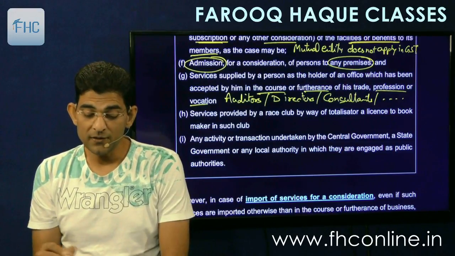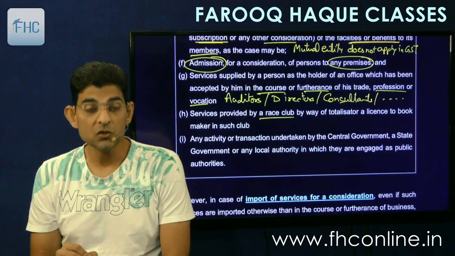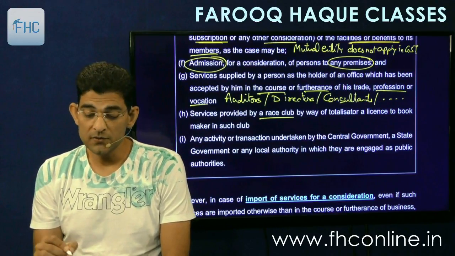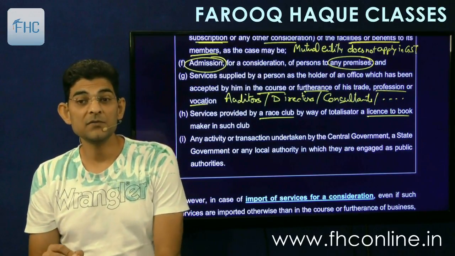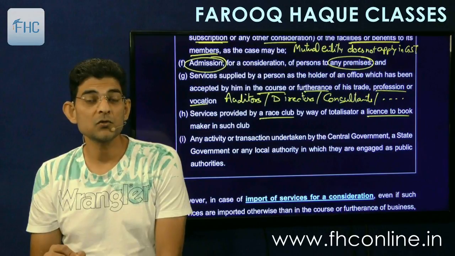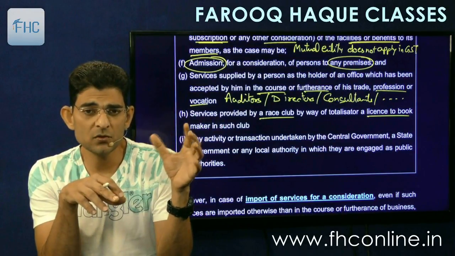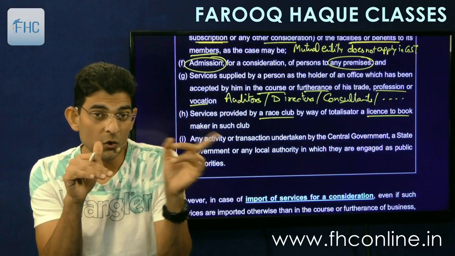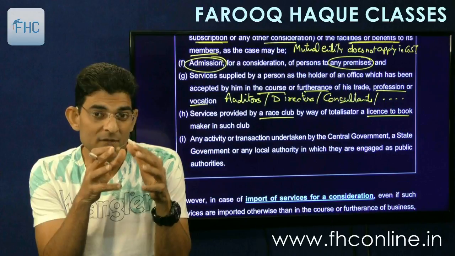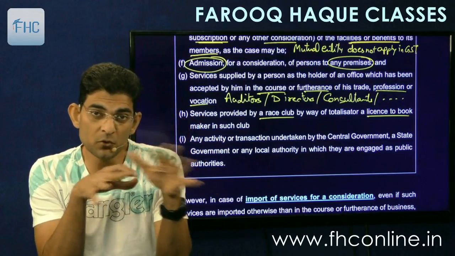Then services provided by a race club by way of a totalizator, or a license to a bookmaker in such club. So the race club itself gives the license to the bookmaker, and it also acts as a totalizator. Totalizator means the licensed bookmakers will take bets from the public on the horses, and this whole money is then collected by the race club, and the winnings are distributed by them.